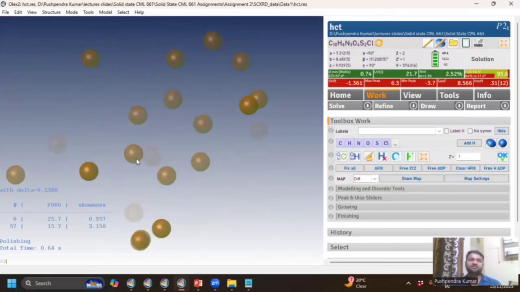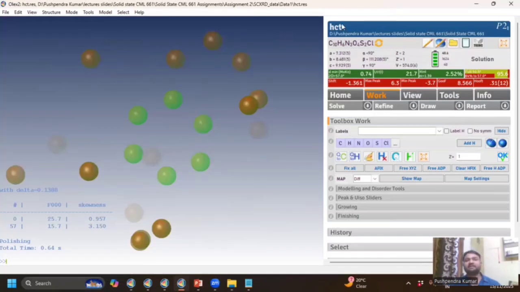This is the six-member ring, and this is also another six-member ring which is non-planar. This is the required, desired electron density map from where we can draw the compound structure. For now we select these atoms, and this is the carbon.